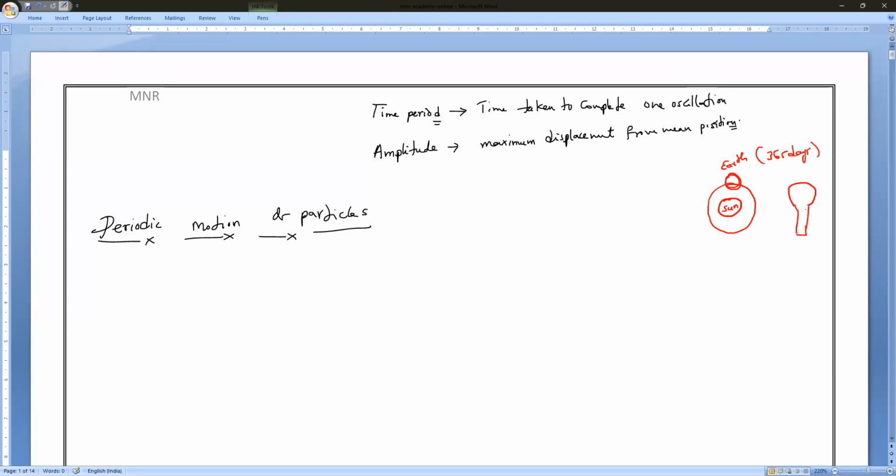In the wall clock, there is a pendulum. You can notice it will keep on repeating the same oscillation again and again after an equal interval of time. Am I right, everybody? So what do you mean by periodic motion of a particle?